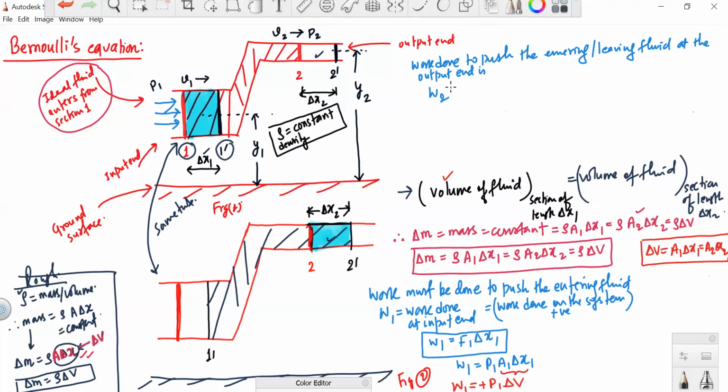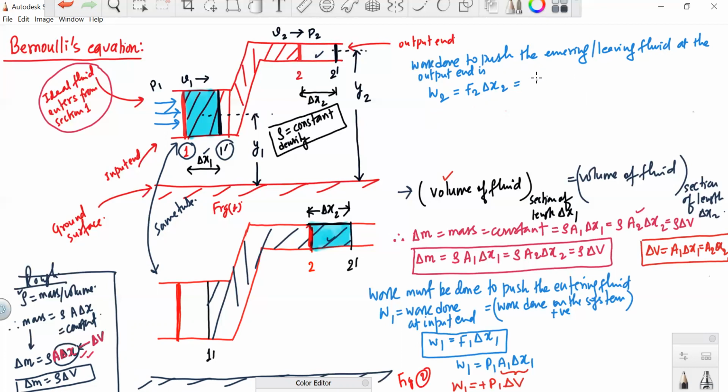So this is what work done at output end equals. We can write in this way, F2 times delta X2, clear? And we can write in this way, okay?